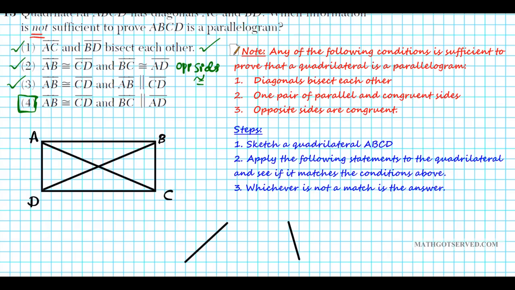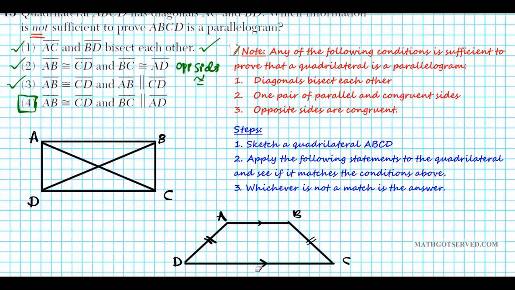So consider this situation right here. Let's see, 1, 2, 3, 4. Okay, so we have this quadrilateral. Now you notice this is A, B, C, D. AB is parallel to CD, and AD is congruent to BC.